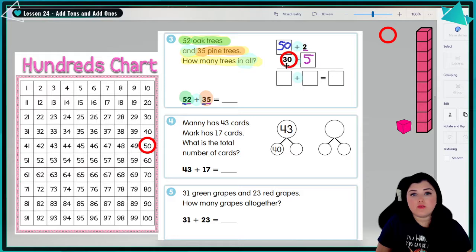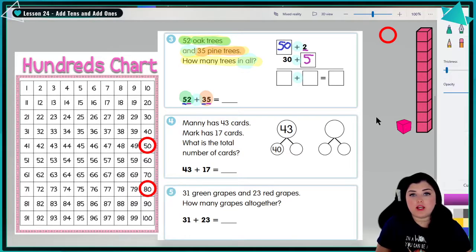We're adding 3 groups of 10 to 50. So let's count up 3 times. 1, 2, 3. 50 plus 30 makes 80. So I'm going to write 80.